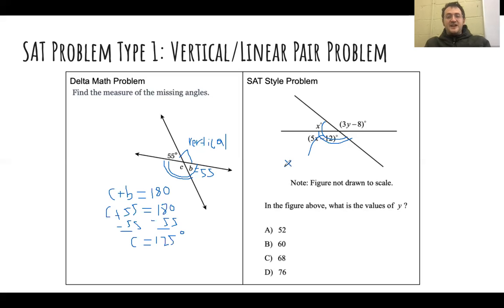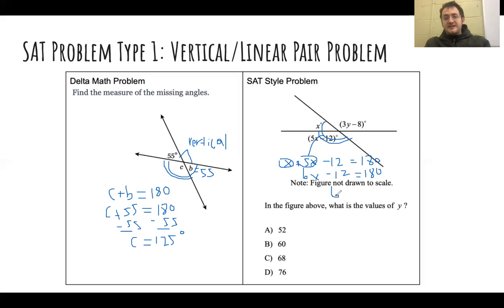So I'm going to say that X plus 5X minus 12 equals 180. And I'm just going to combine the X and the 5X to say that 6X minus 12 equals 180. Now remember to add the 12 on both sides.